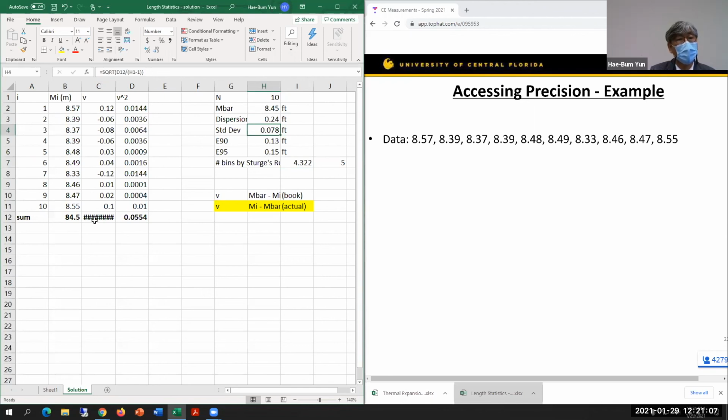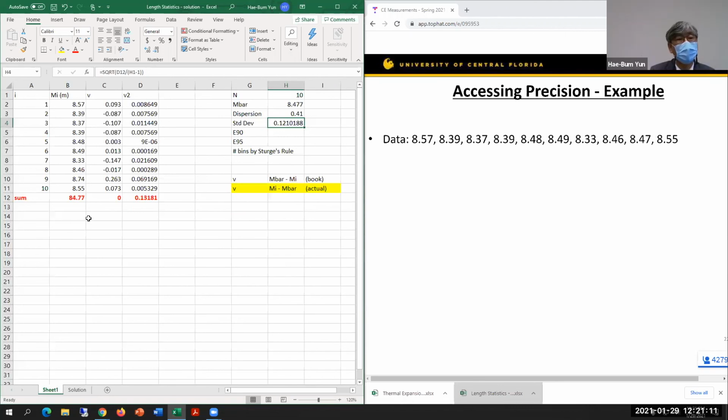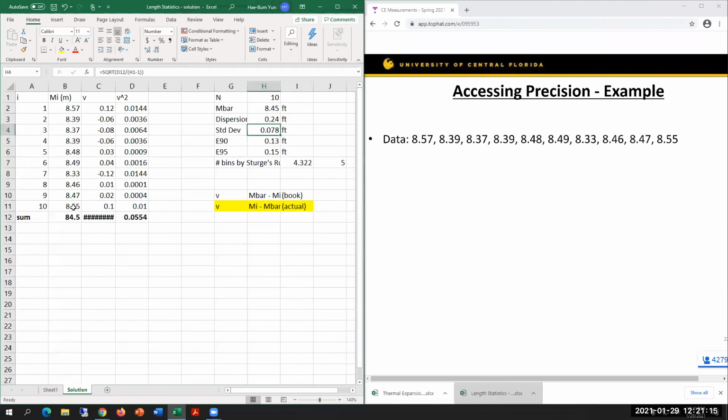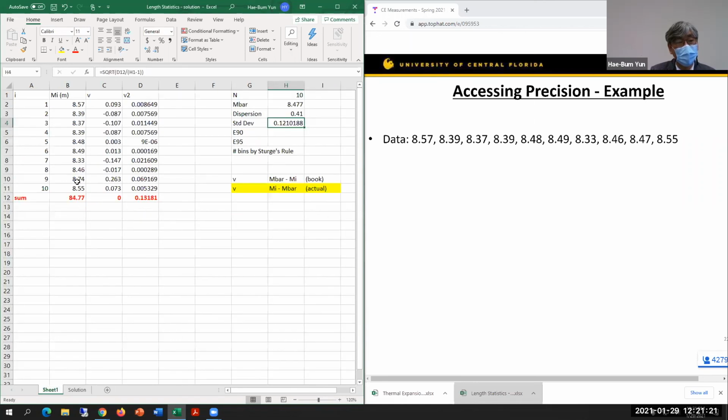Oh, okay, Professor, it looks like those values changed. Oh, I see what happened. The reason is I typed 8.47 here, and then I typed 8.74. So if I change the 8.74 to 8.47, then that should be the same.